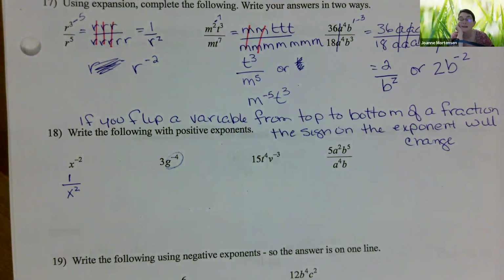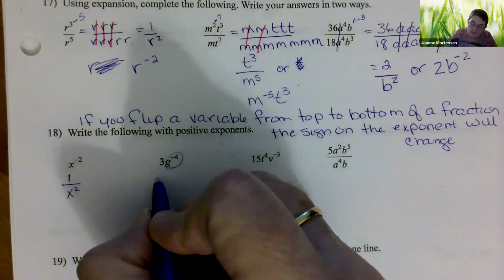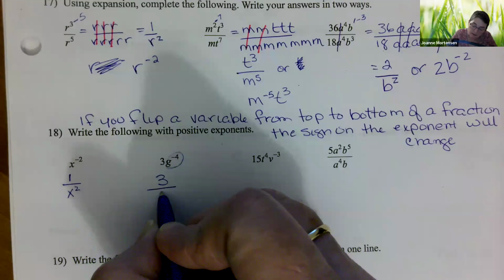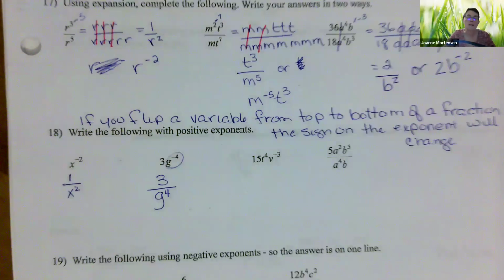What do you think is going to happen? Try it. Don't be afraid. No one will know. It'll be between you and me whether you got it right. So the 3 stays where it is. And it's only the G that goes down there and becomes positive.